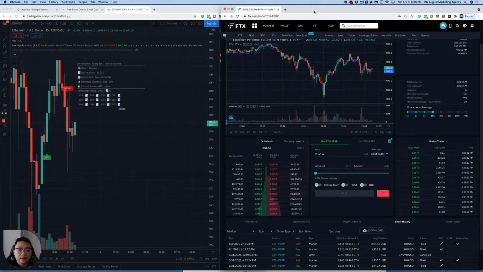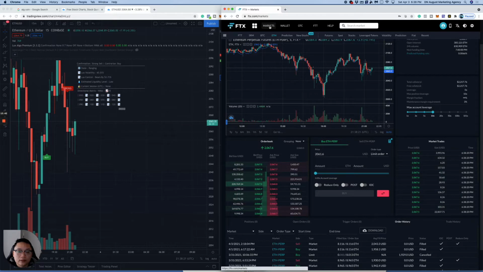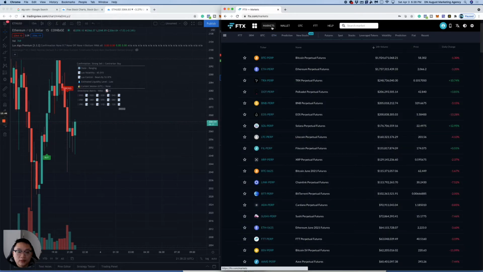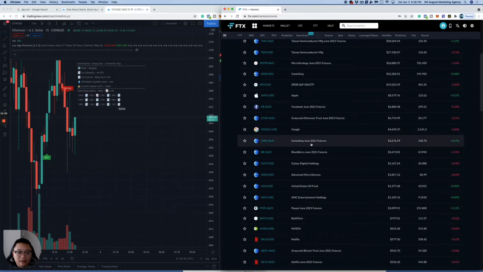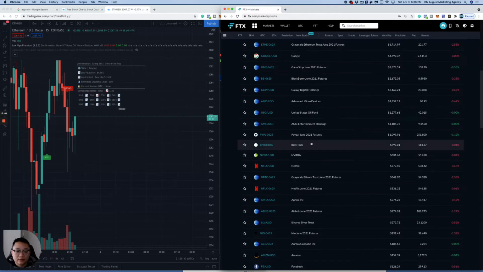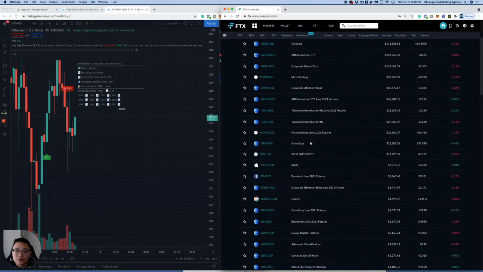You can buy literally everything. Stocks. They have Apple, Tesla, MicroStrategy, GameStop, AMC, AMD, Netflix, Amazon. So it's a tokenized version of a stock.